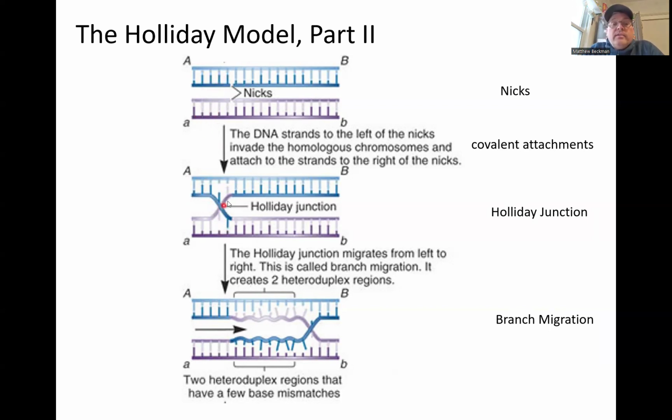So we get this thing called a Holliday junction. This was what Robin Holliday discovered. This is the point at which the nicked positions on the DNA allow for the strands to cross over and connect. And then, with DNA ligase involved, we get a reformation of the double-stranded DNA, but now they're intertwined.